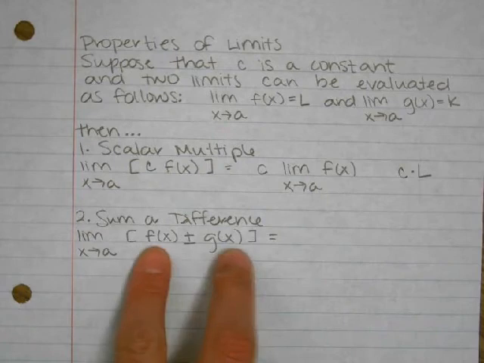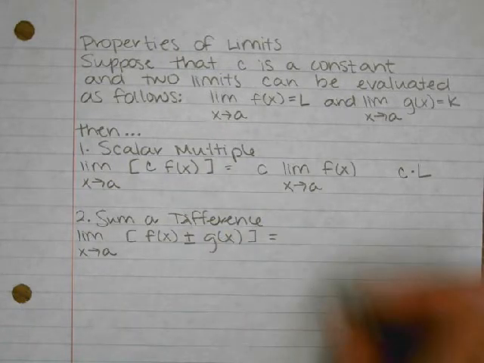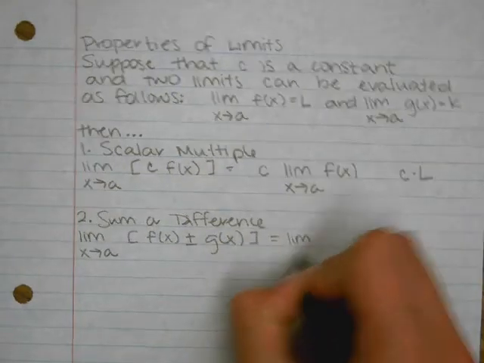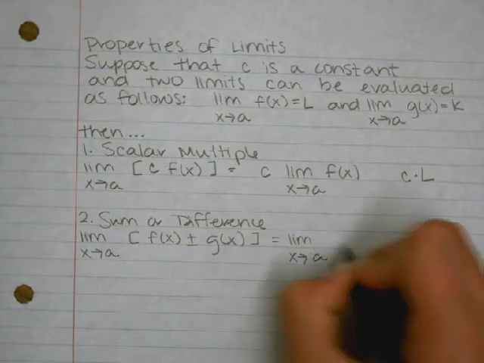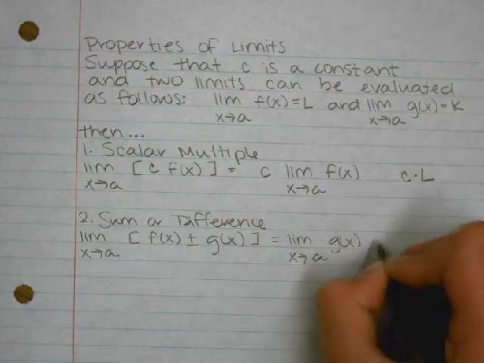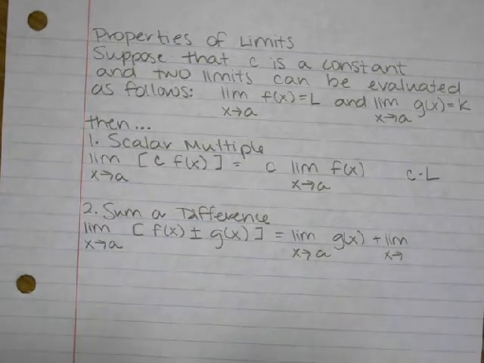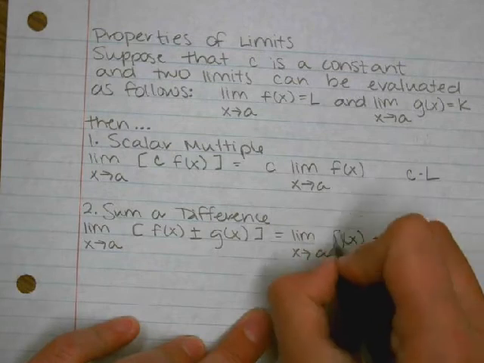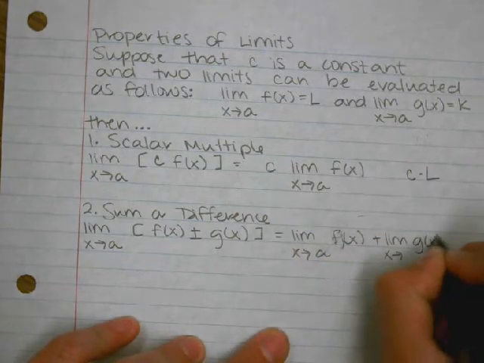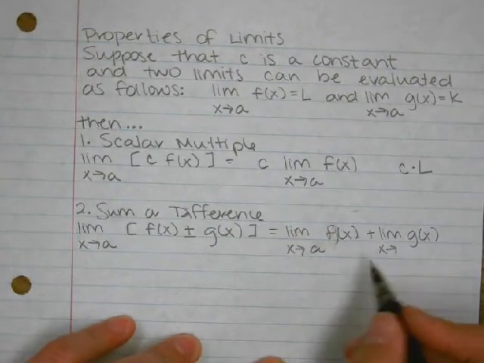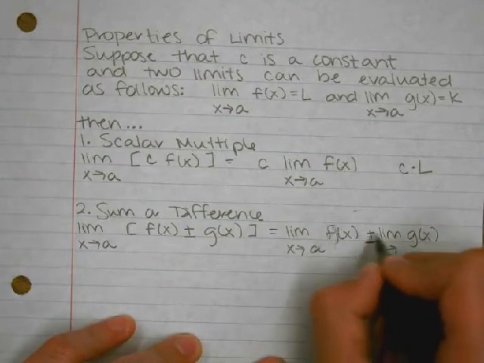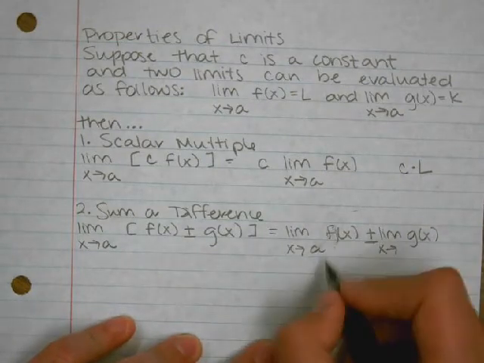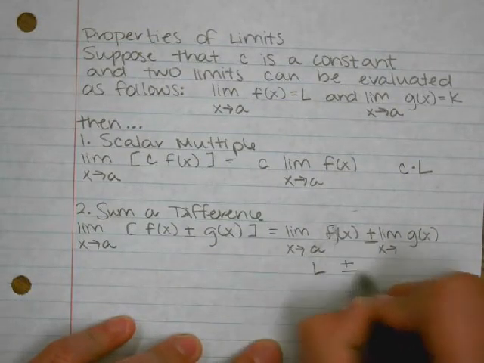You could find the limit of both of the two things being added together, and that's the same as what you would get if you had already found the limit of those two pieces separately. I meant to write f of x first. I was talking and I got confused. So plus or minus, whichever one you happen to be doing, and that's the same as saying it could be L plus or minus K.